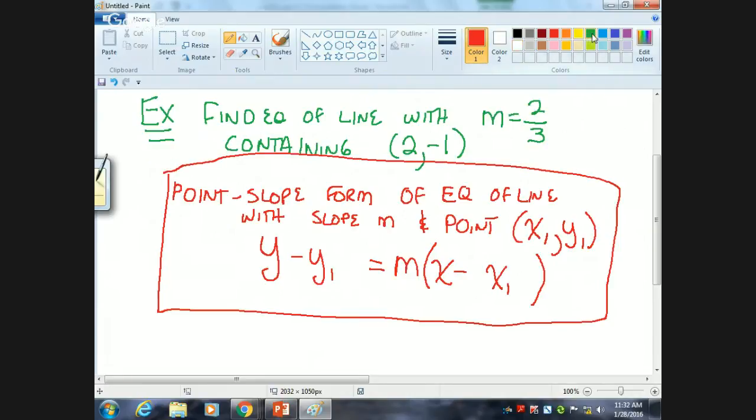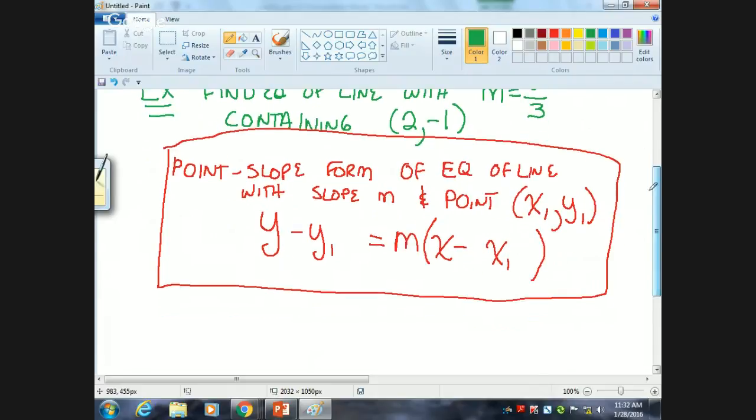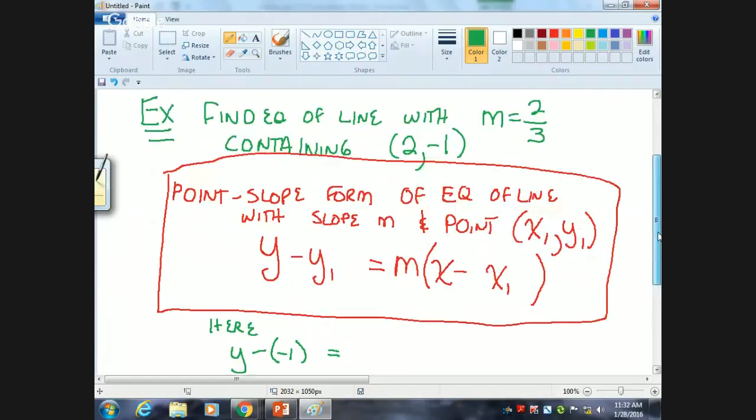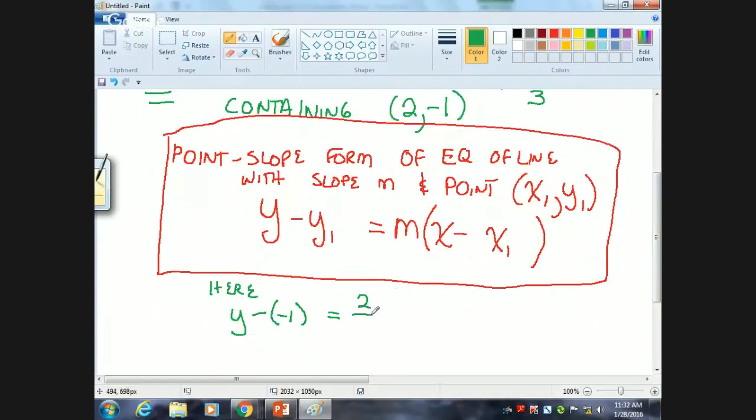So in this example right here above, our equation is going to be y minus, the y of this point is -1, equals our m, our slope is 2/3, letter x minus the x of this point is 2.